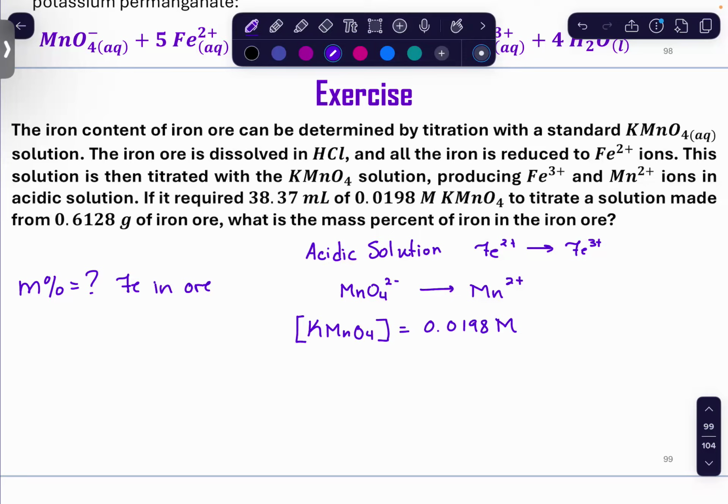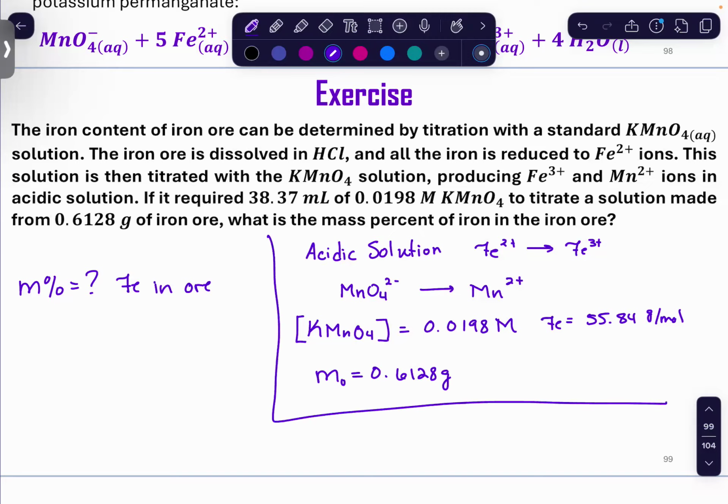We're going to be doing a stoichiometric calculation. Iron is 55.84 grams per mole, because we're going to be dealing with moles, but we want grams of iron that are in the total mass. And the mass, I'm going to put sub O for ore, is 0.6128 grams. So these are our known quantities that will help us solve the equation.